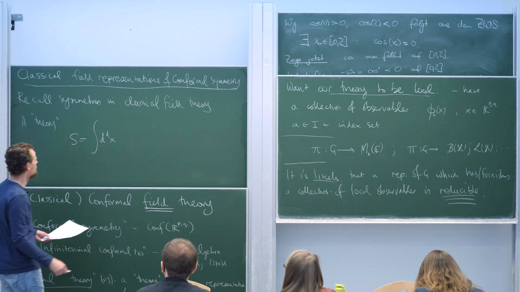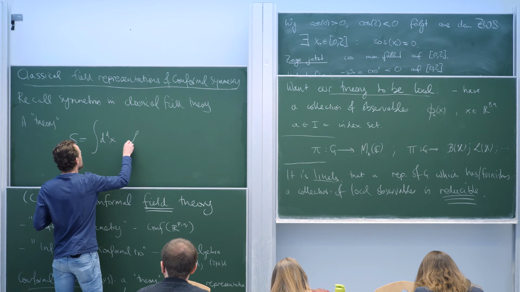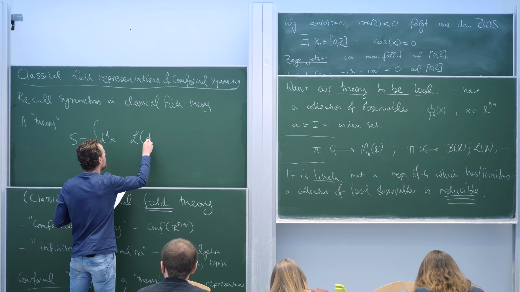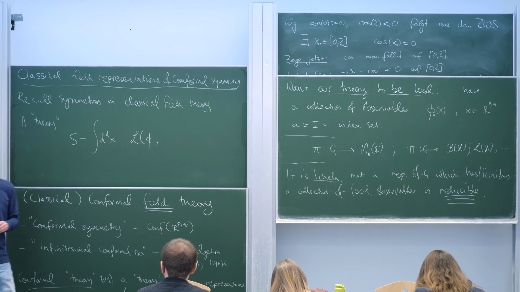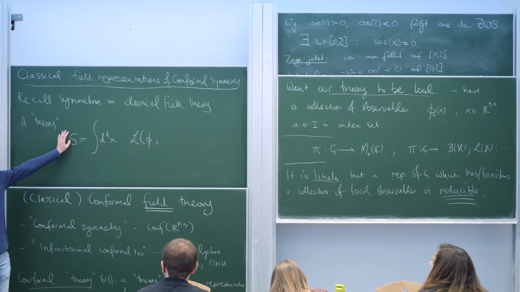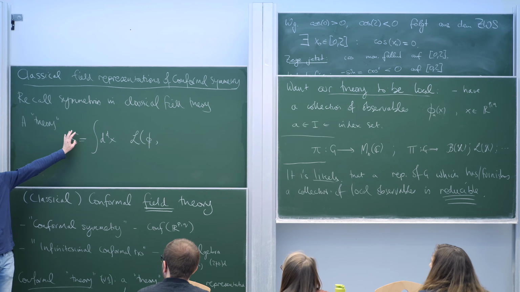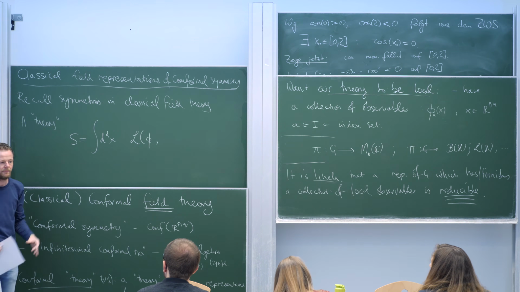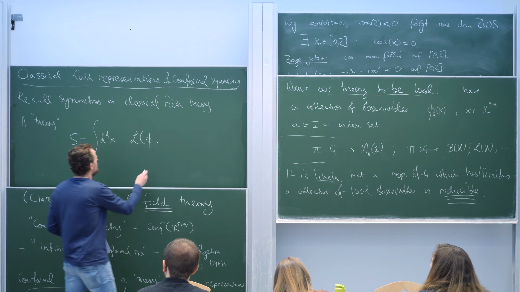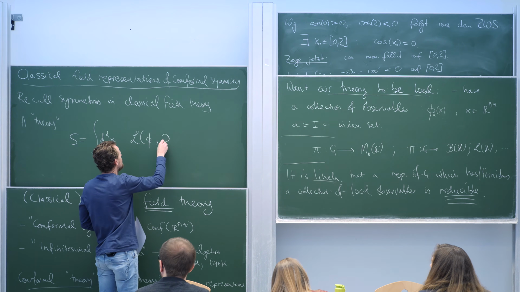So a classical field theory is, colloquially and traditionally, something specified by an action. You don't have to specify it by an action. This is just a way of compactifying, compressing the equations of motion. That's a very convenient way to do it. And an action is an integral of a Lagrange density.